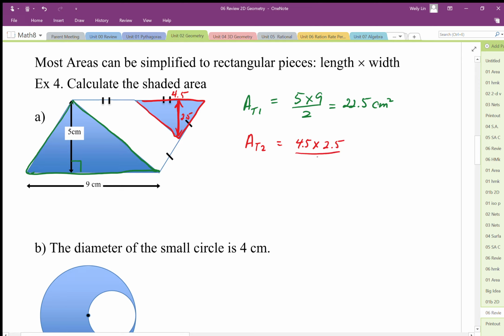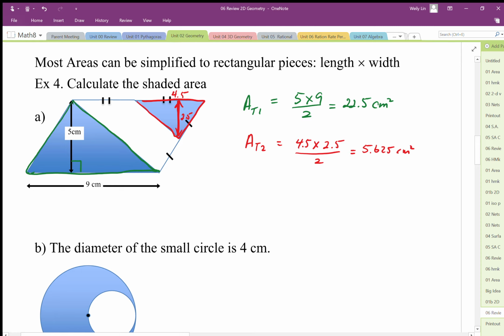That gives us our base times height, and then we can divide that by 2. Since it's a decimal value, I'm going to use my calculator here. So 2.5 times 4.5, and then divide that by 2. 2.5 times 4.5 divided by 2 gives me 5.625 centimeters squared.